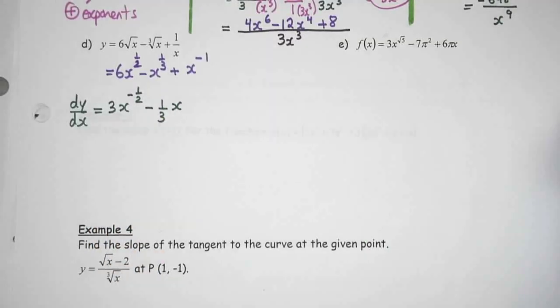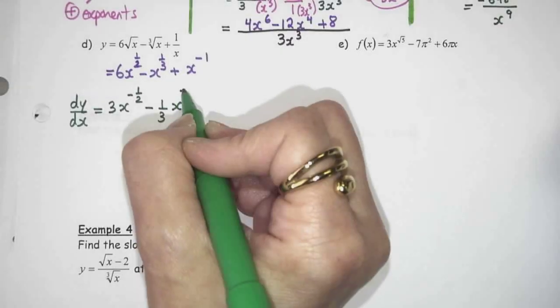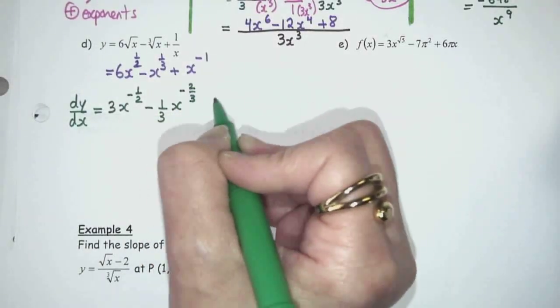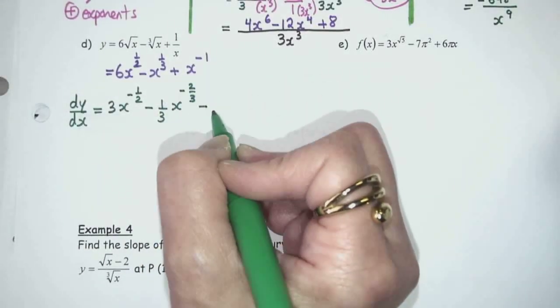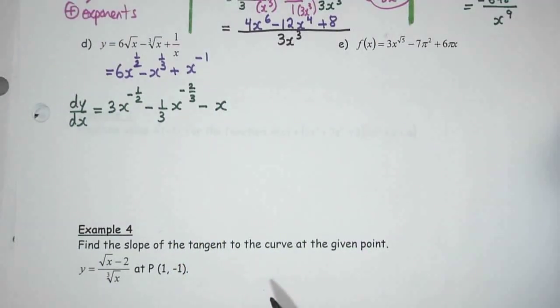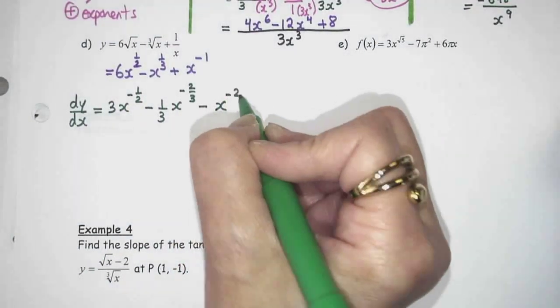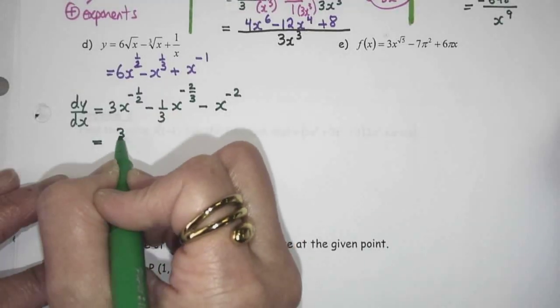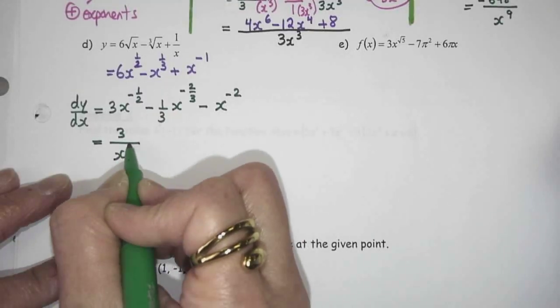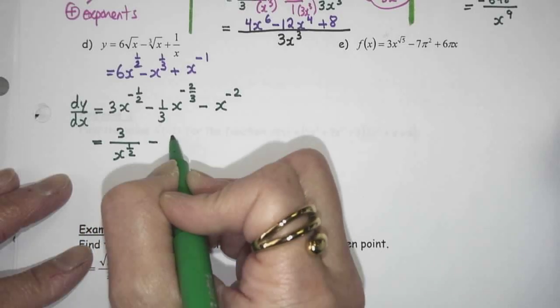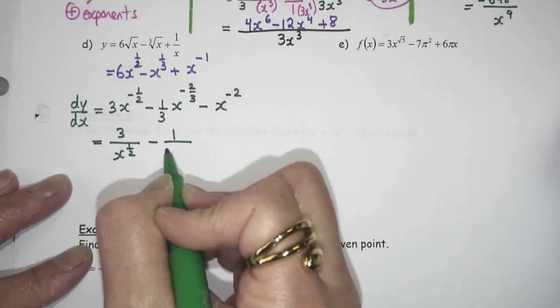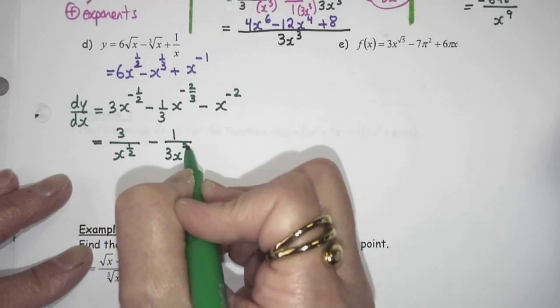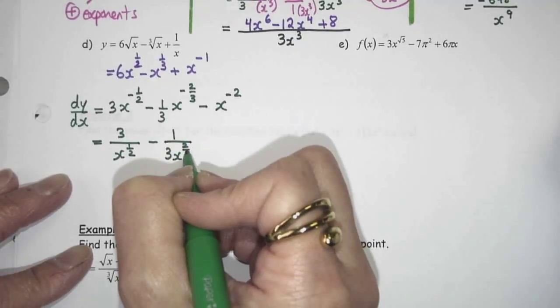X to the negative 2 over 3. 1 goes in front, minus 1 x to the negative 2. Good. Fix that so it's positive. I'm going to go 3 stays on the top, x to the 1/2, minus 1 stays in the numerator, 3x to the 2/3.